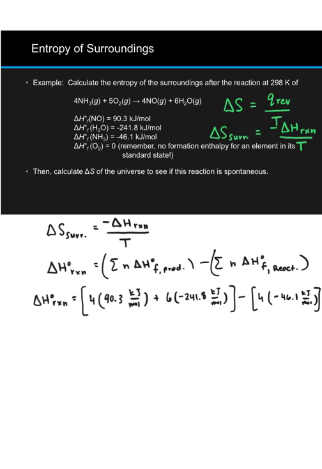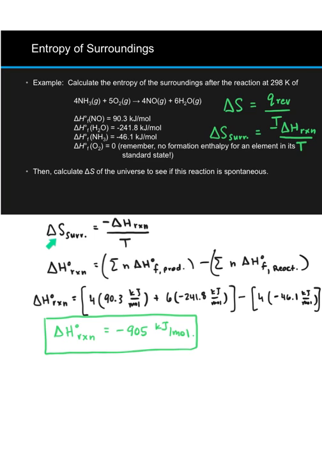So, when we calculate the enthalpy change for this reaction, delta H for our reaction we'll find is equal to negative 905 kilojoules per mole of reaction. We can use this information to solve for the change in entropy of our surroundings.